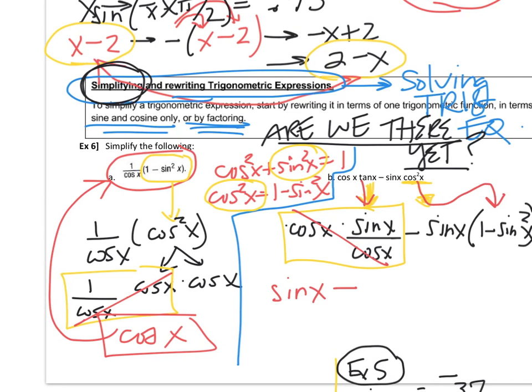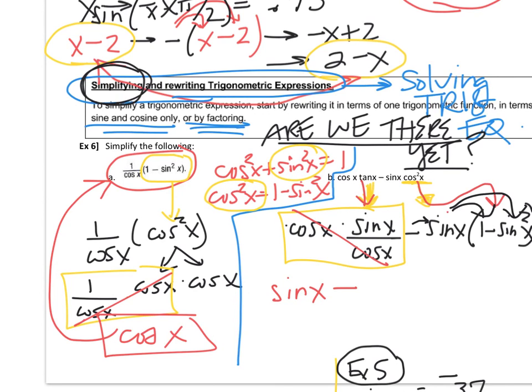So what I'm going to do is I'm going to be really careful, and I'm going to distribute, and I'm going to multiply the sine of x times each of those. Now what you have to be careful though is that this minus is attached to the sine of x.